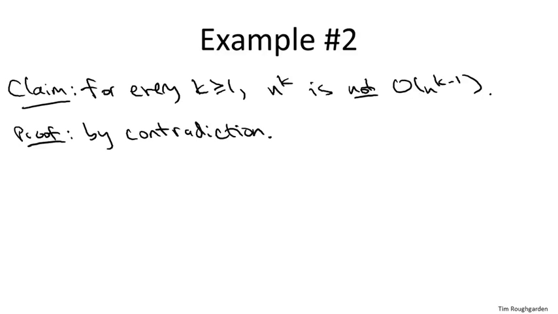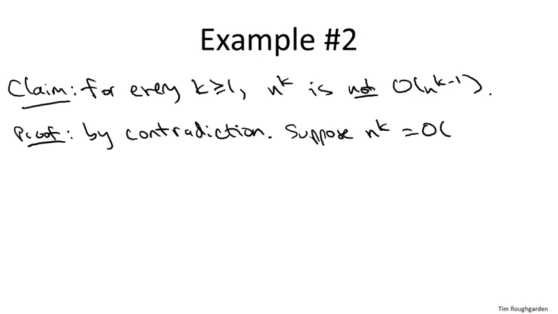So remember, proof by contradiction: you assume what you're trying to establish is actually false, and from that you do a sequence of logical steps culminating in something which is just patently false, which contradicts basic axioms of mathematics or of arithmetic. So suppose in fact n^k was big O of n^(k-1). So that's assuming the opposite of what we're trying to prove. What would that mean?